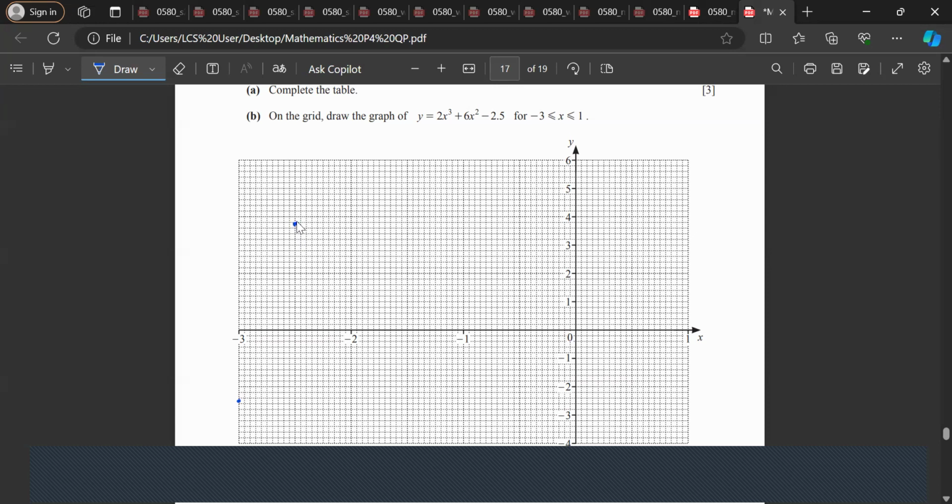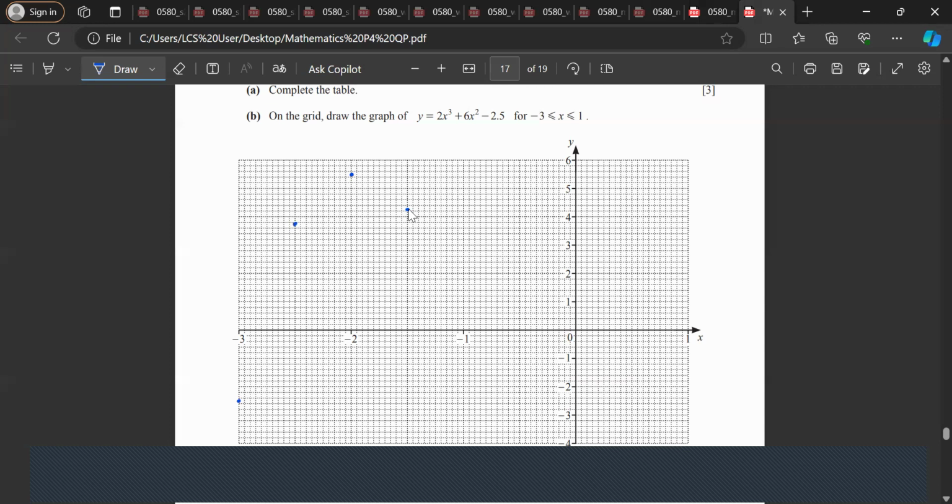Okay, then we have -2 and 5.5, which means in the middle between 5 and 6. Then -1.5 and 4.25. This is 4, then 4.25 here.